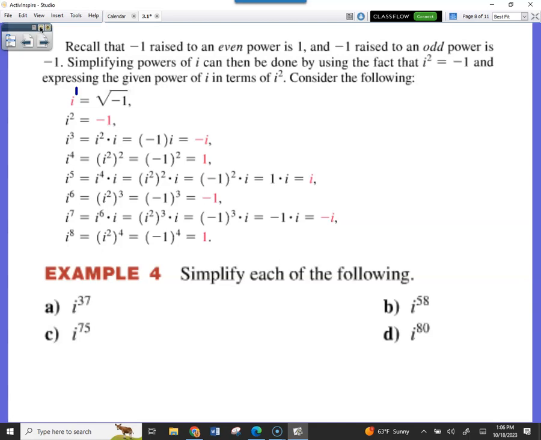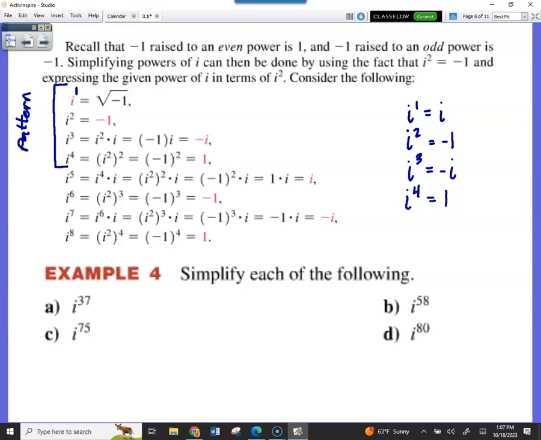Alright, so right here, this is the pattern. i to the 1st power is i. i squared is -1. i cubed is -i. i to the 4th is 1.